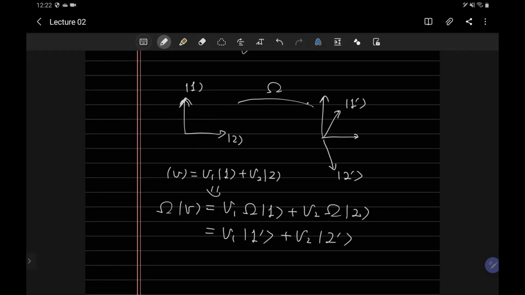It is simply a remapping, or rewriting, of the original coefficients of the input vector into the new vector inside the new output space, and you don't have to change any of these v1 and v2. So that's the power of the linear operator.